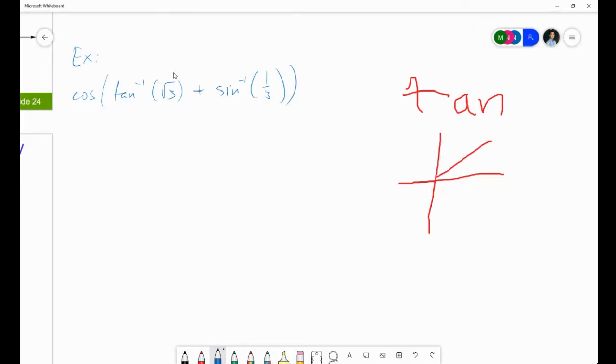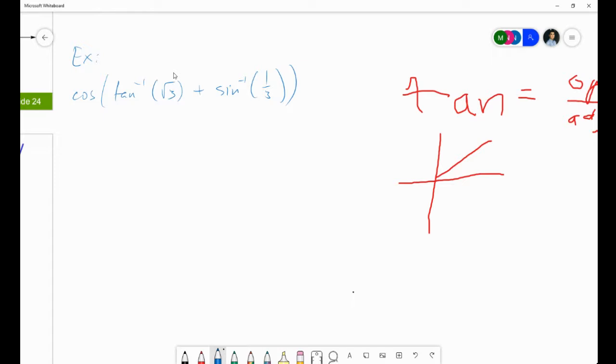Okay. And we know that tangent is going to be... Professor, this is where my logic gets shaky.